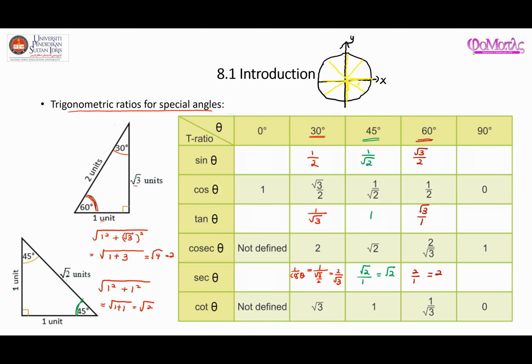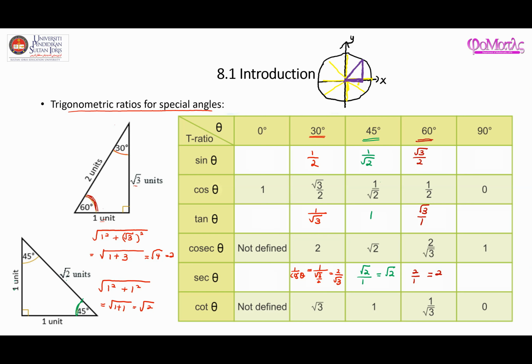Now on this circle, it is also possible for me to draw a right angle triangle. So this is my right angle triangle.